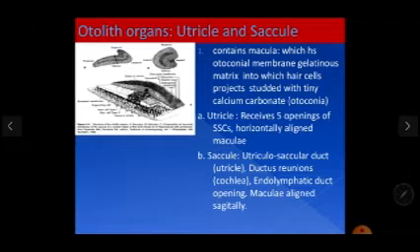And for utricle and saccule, remember it contains the macula. So macula is the area where you have all the sensory hair cells, and the sensory hair cells have this otoconial membrane. Otoconial membrane is nothing but a gelatinous matrix, and into this the hair cells will project. Onto this, it is studded with calcium carbonate.